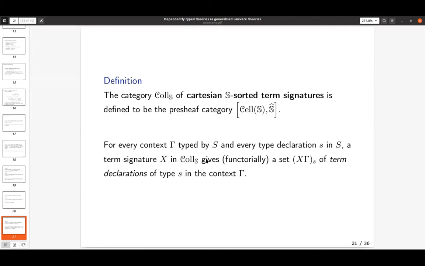And this is functorial in the right sense. That is what corresponds to the rules that I gave for the syntactic definition of dependently typed theories.